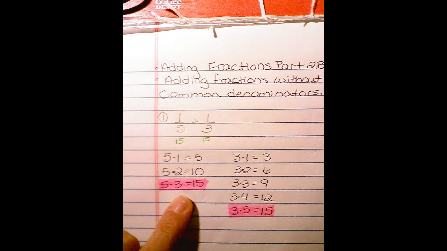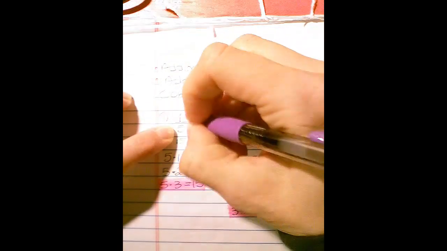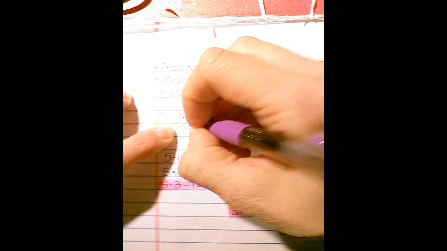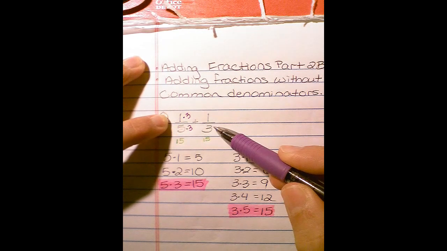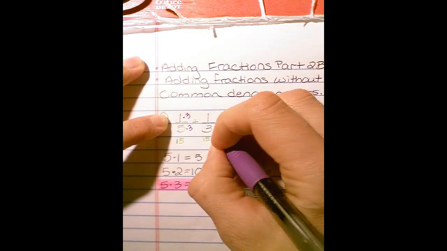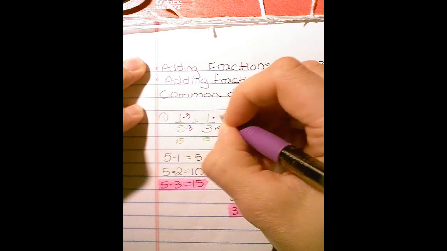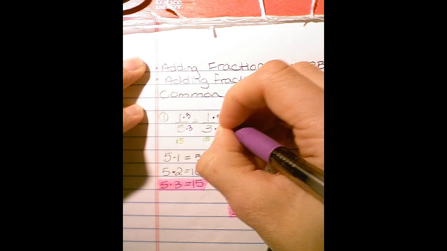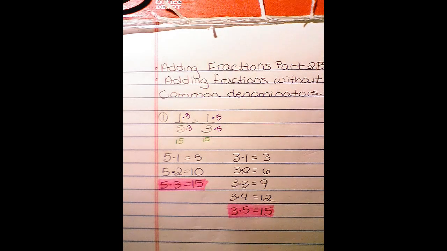By showing the math this way, I can see I multiply 5 by 3, and since I multiply the denominator, I also multiply the numerator by the same exact number. Okay, same thing over here. If I want to get myself to 15, I multiply 3 by 5, and then like I said, what I do to the denominator, I also do to the numerator. Okay, now we're doing good.